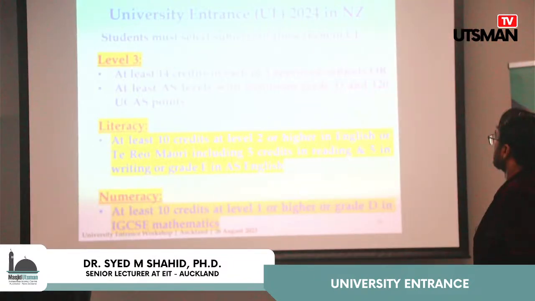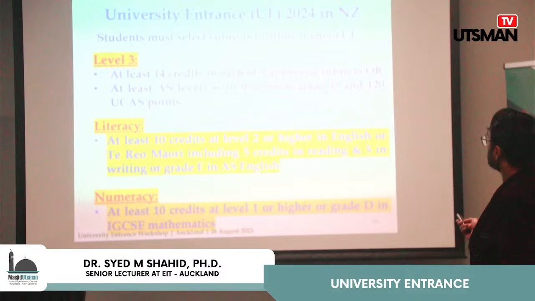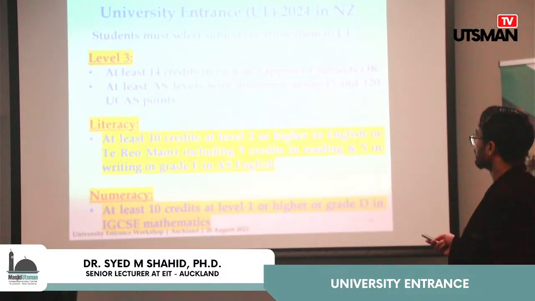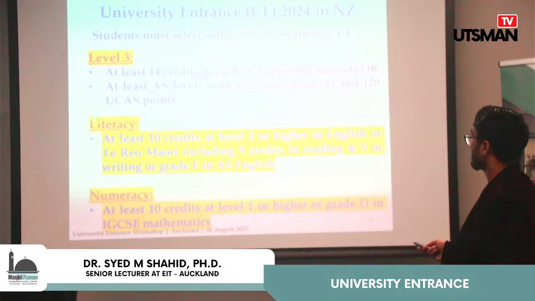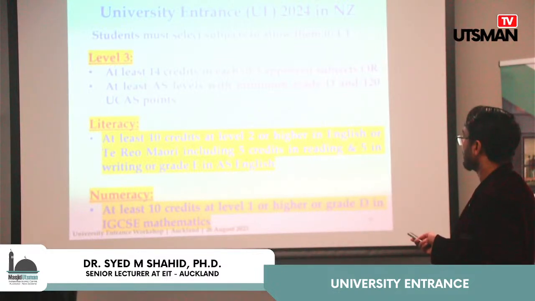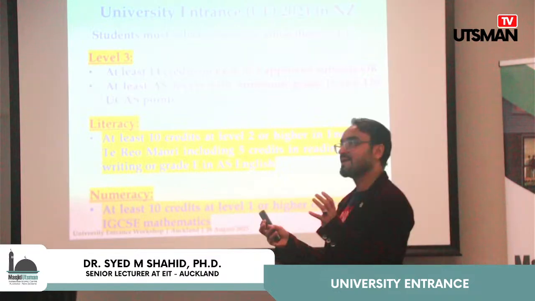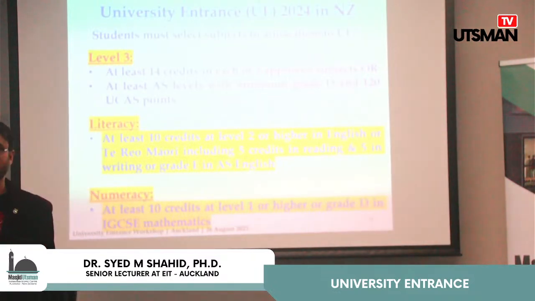So what does university require? A student must select subjects that allow them university entrance. At level 3, for example, you have to have at least 14 credits in each of 3 approved subjects. Now there is a criteria which you actually need to understand.